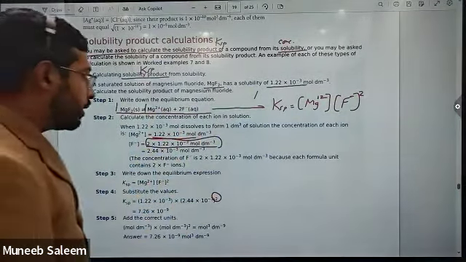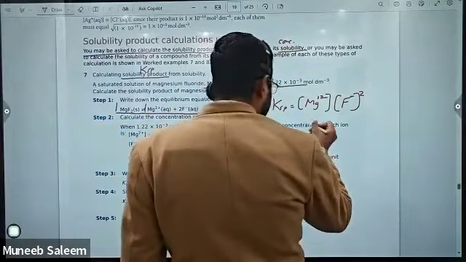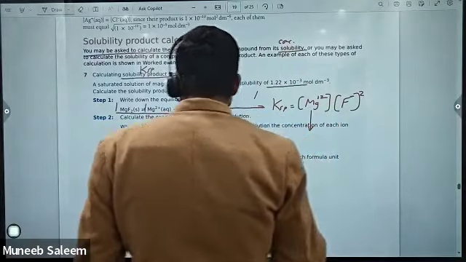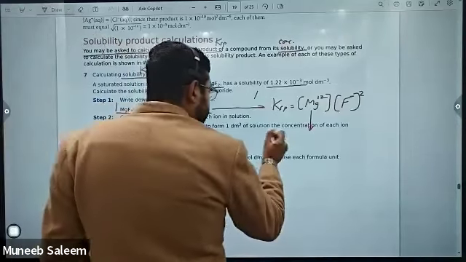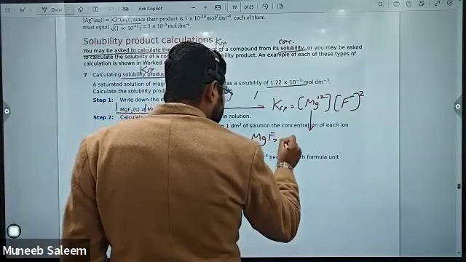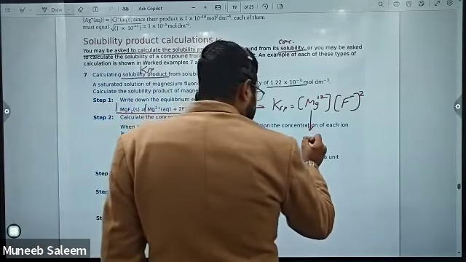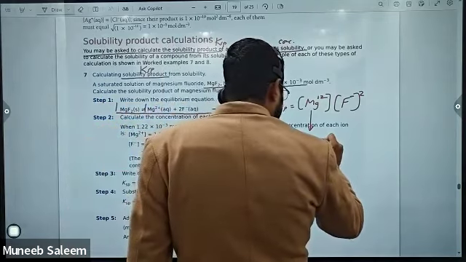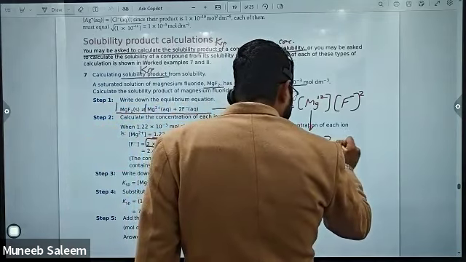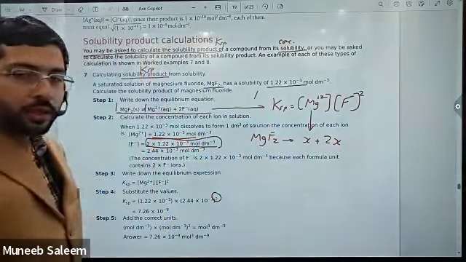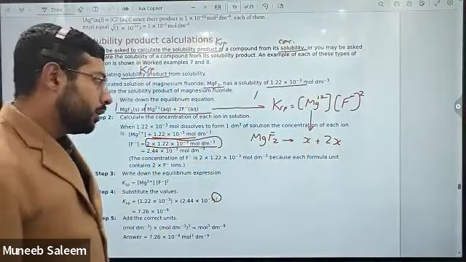So what do you see here? I can write in simple words that if initially MgF2 was converting into, let's suppose, X for magnesium and 2X for fluoride, these are basically the solubility in terms of concentrations.